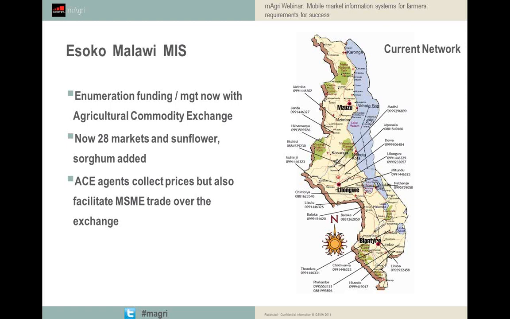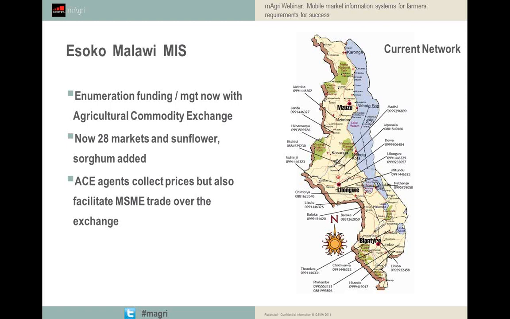The agricultural commodity exchange here in Lilongwe has taken over the management and the cost of running the enumeration network. We've moved from 13 to 28 markets now in the country, and ACE has added sunflower and sorghum to the commodities that are collected.